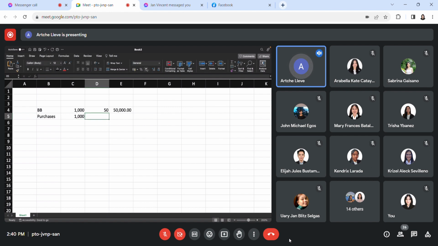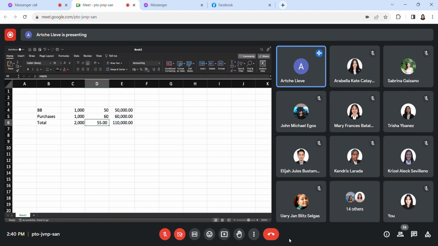However, the price now is 60. So how much will the purchases be? That's 60,000. So what will now be your total? Total units is 2,000. Total cost is 110,000. But the average now is 110,000 divided by 2,000. That will give you 55 pesos.